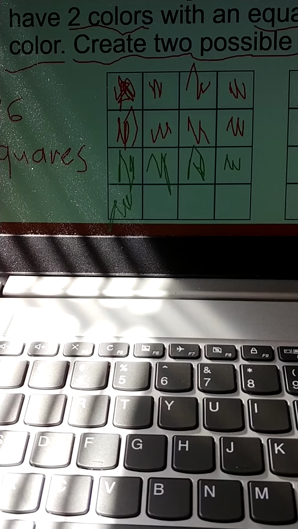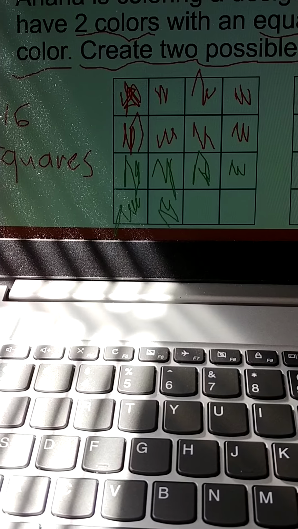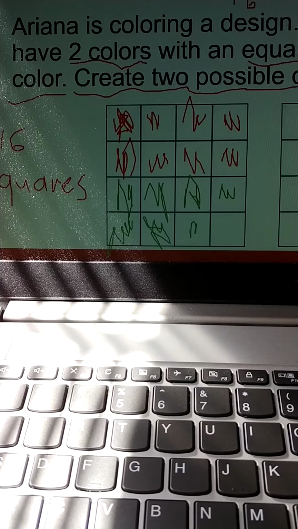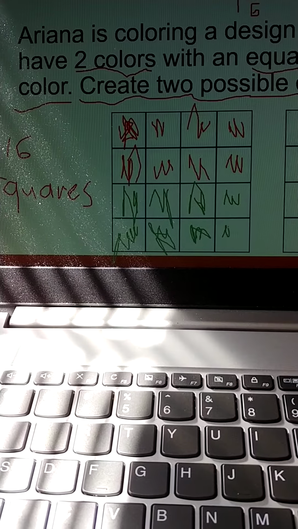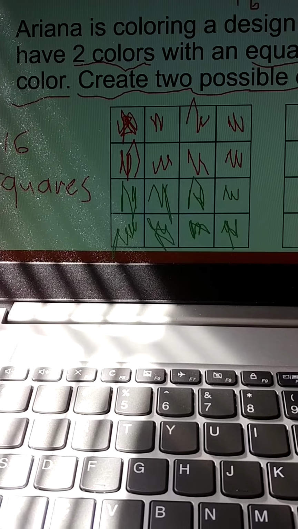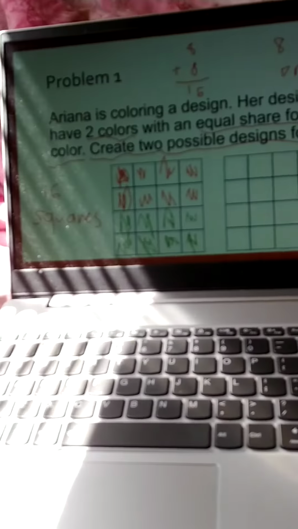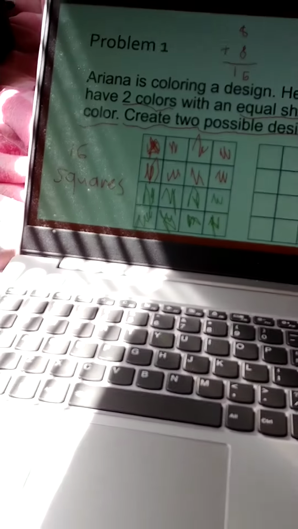Oh, that one went outside the line. 6, 7, 8. So that is one design we could have.